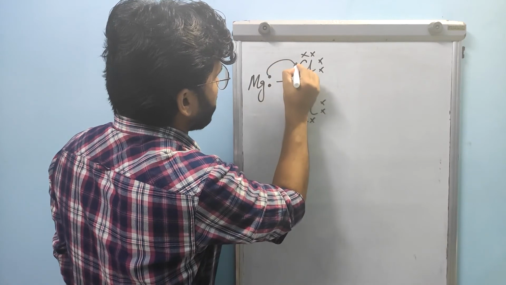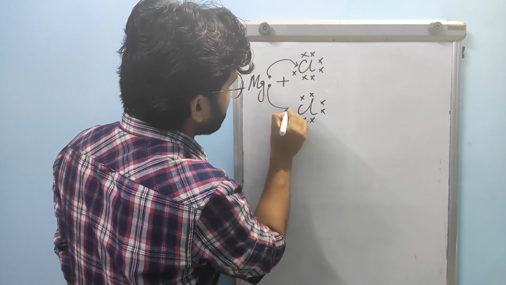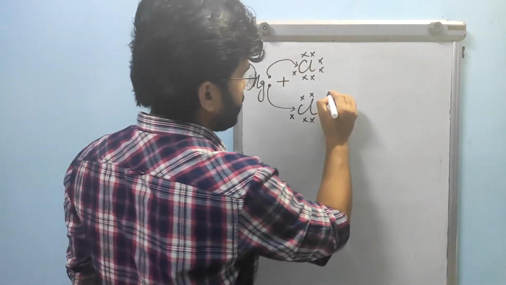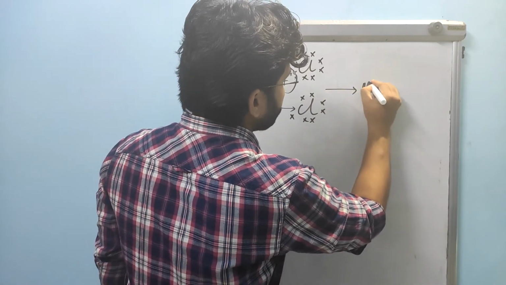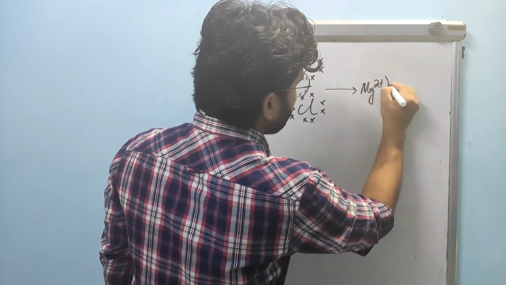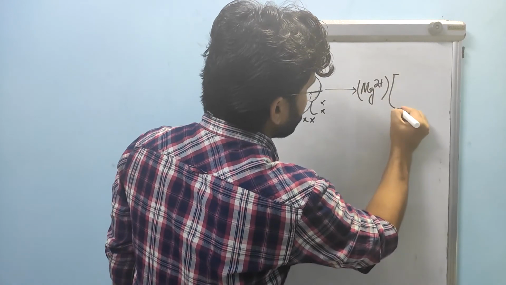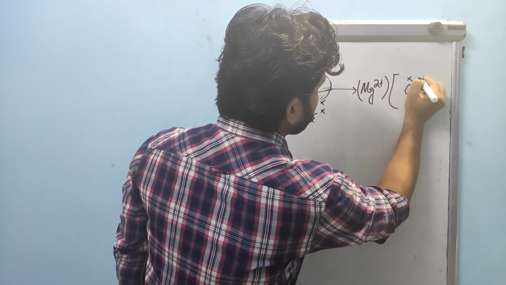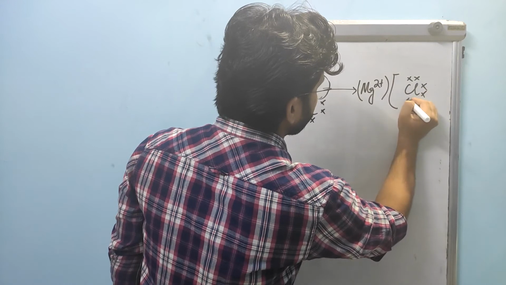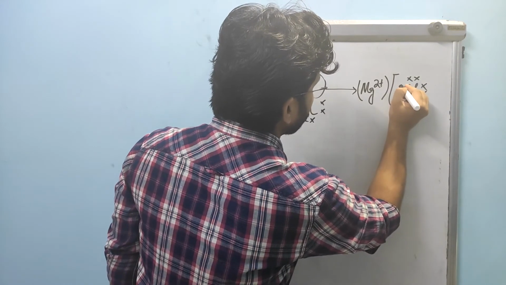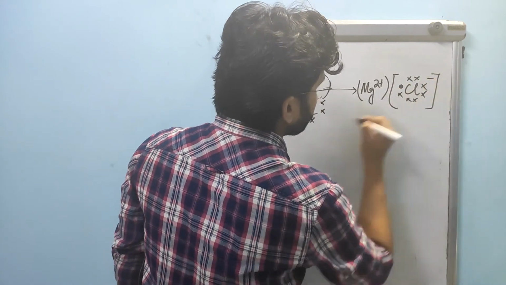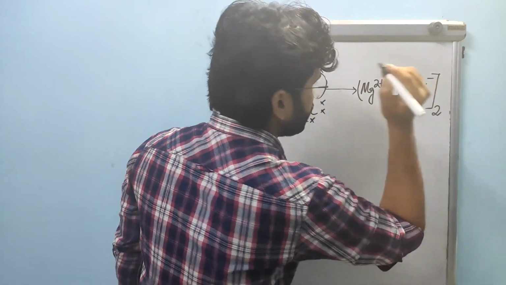One of the electrons of magnesium goes to the first chlorine, and another electron goes to the second one. Magnesium in that process becomes Mg2 plus. Then each chlorine becomes Cl minus, as there are 2 chlorines, MgCl2.